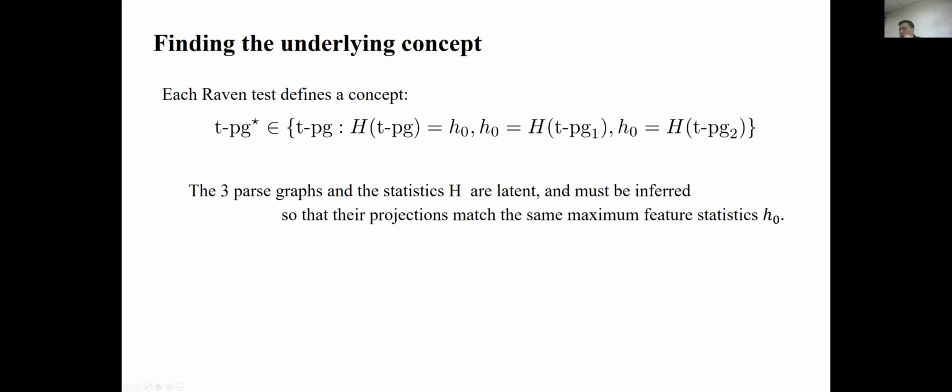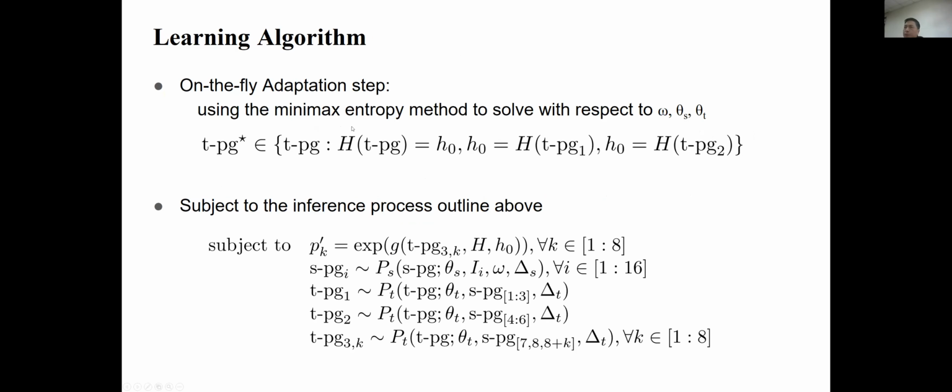So you are in a loop trying to figure out what the TPG is, and at the same time figure out what this projection is and what the maximum common H0 is that defines this concept.